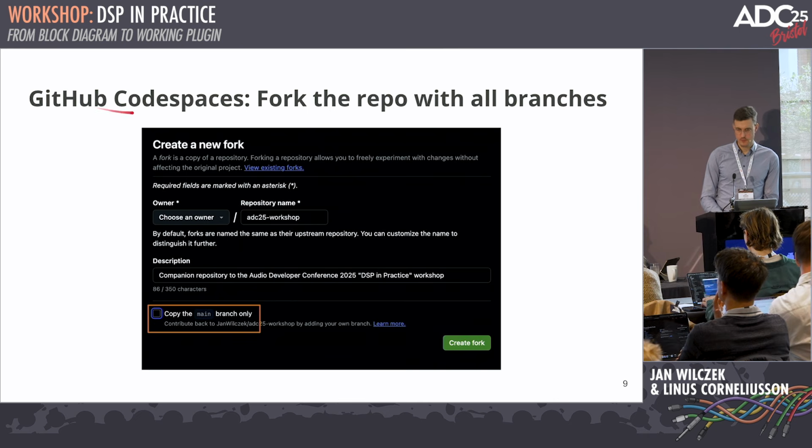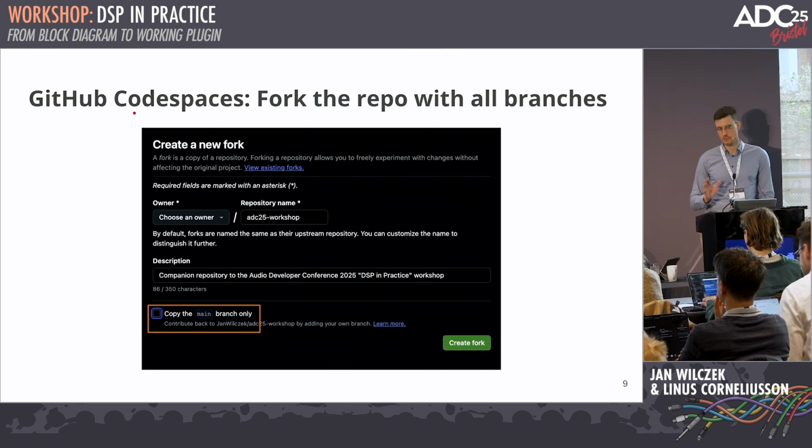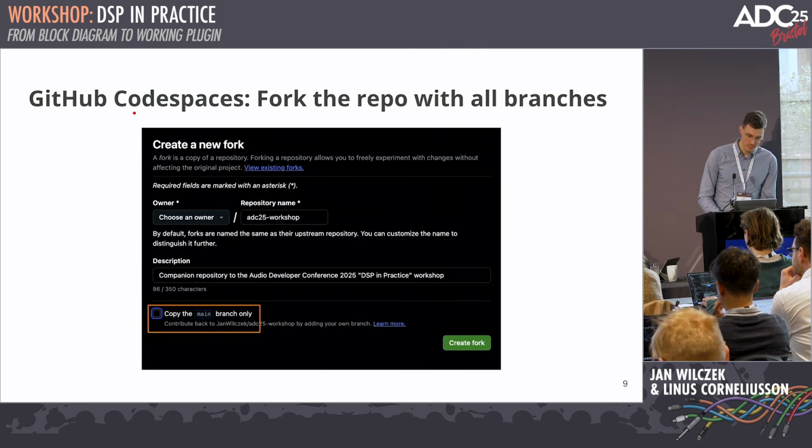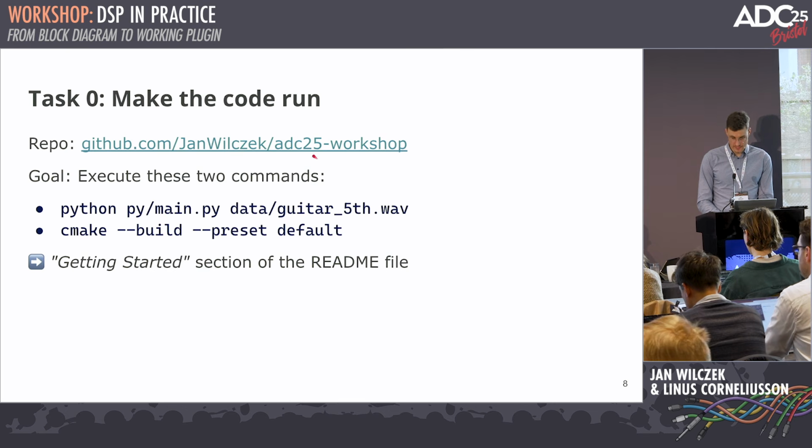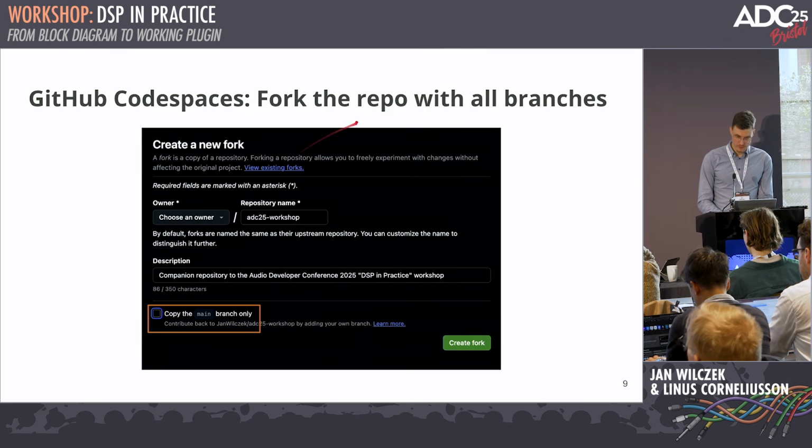So if you have not cloned the repo, not installed the dependencies, what you can do is go on GitHub under this link, github.com/janwilczek/adc25-workshop. And there, you should fork the repo with all the branches. This is important. So we need to uncheck this copy the main branch only.